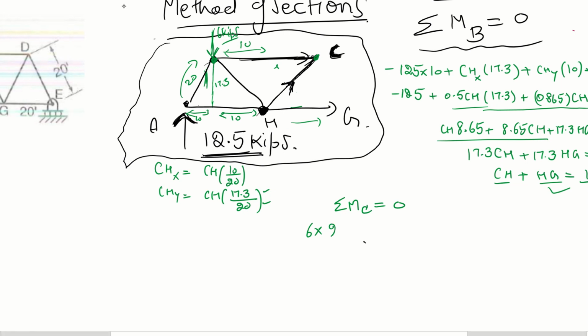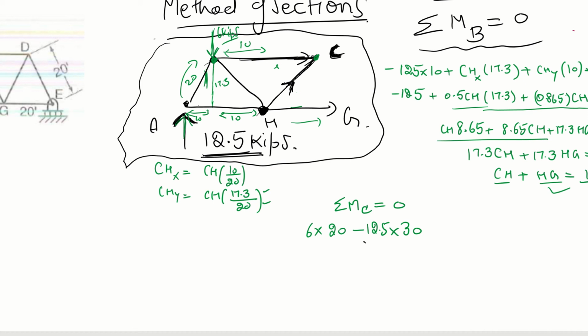So 6 times 20, it is trying to rotate it in the counterclockwise direction, so positive. Then minus 12.5 times 30 will be the value for A when I take the moment about point C for the reaction load A.